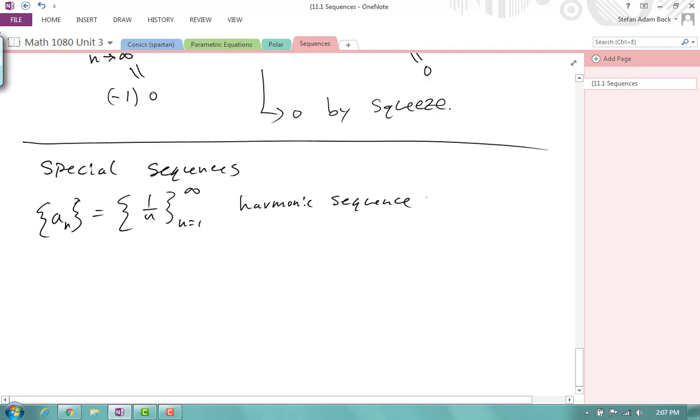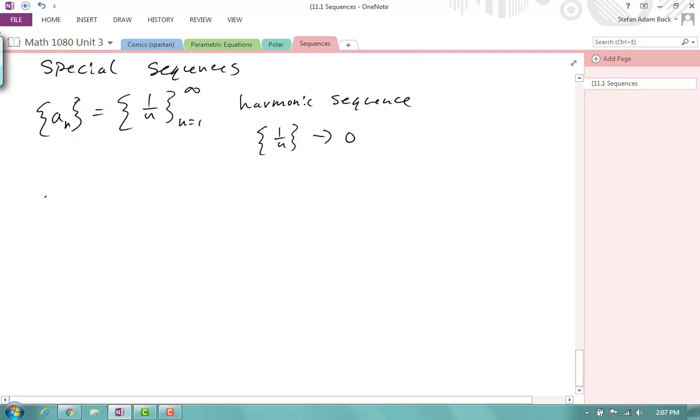And that limit is 0. B sub n, if I have a negative 1 to the n power divided by n, from n equals 1 to infinity, this is called the alternating harmonic.